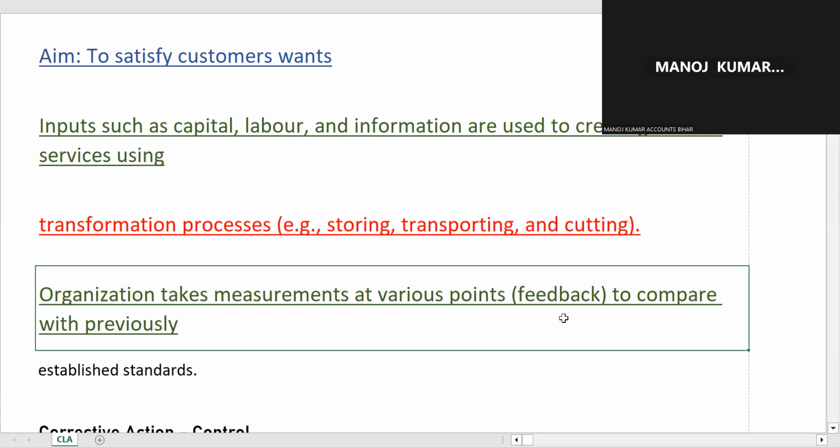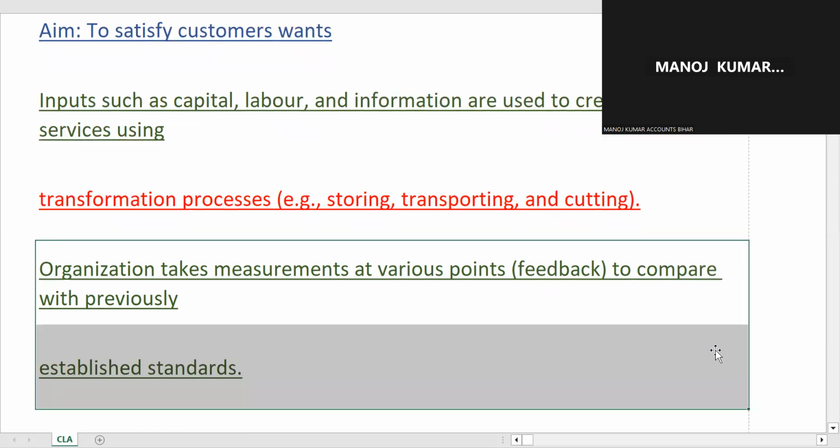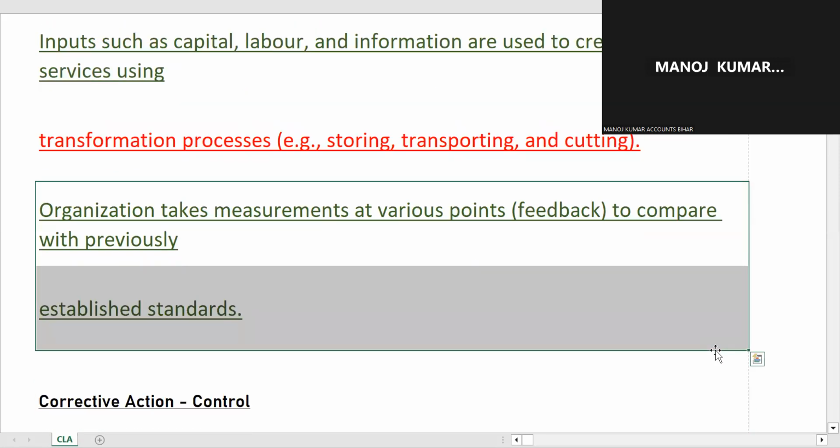You have a standard of comparing whether everything is fine or not. So when you take measurements at various points, that means you're comparing actual with standard. That is called feedback. That measurement which you take, to compare with previously established standards, is called feedback.